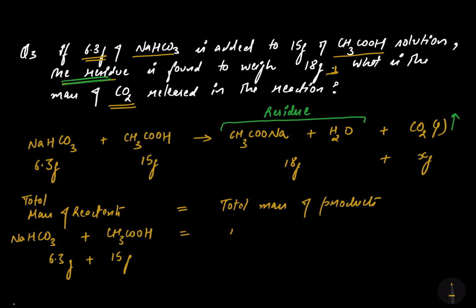Here is my residue plus CO2. The residue comes out to be 18 grams. The mass of CO2 we are considering to be x grams. So my answer is 15 plus 6.3 is 21.3 grams, minus 18 grams comes out to be x grams.